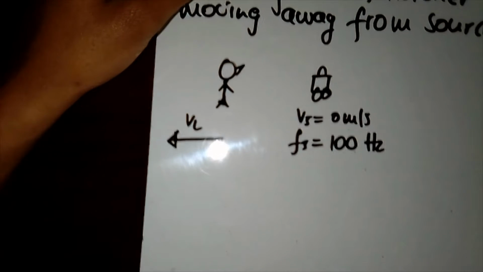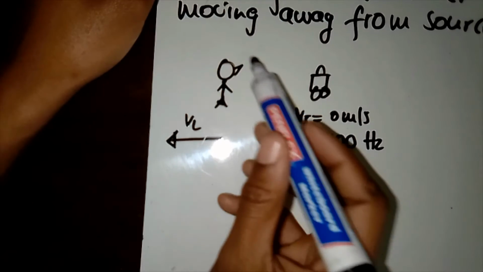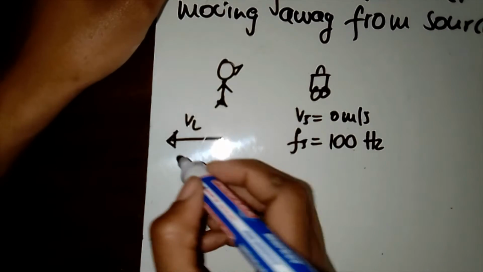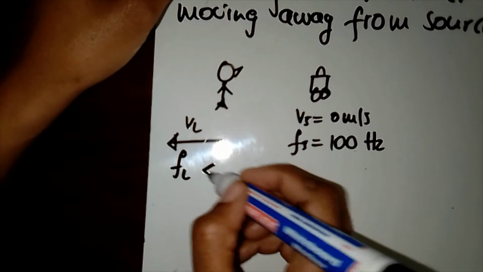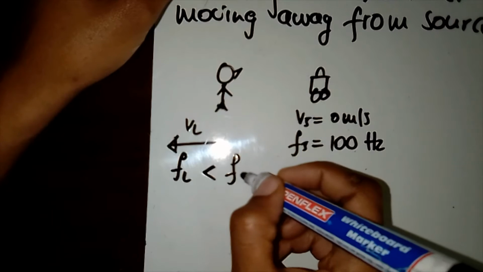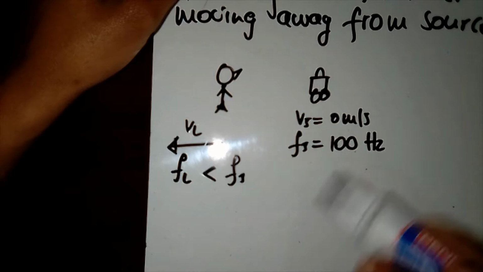And we agreed in the last lesson that if this person is moving away, the frequency that they will observe, their perceived frequency, will actually be less than the frequency that is produced by this ambulance.